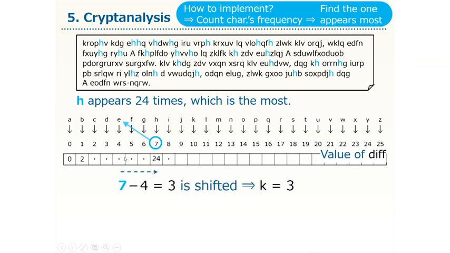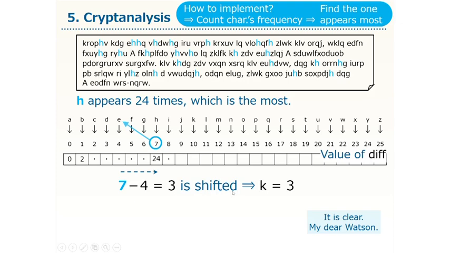This means the letter at the 4th index should have appeared most frequently, but H, 7th index, appeared most frequently in this ciphertext. That is, E at index 4 is shifted to 7. Then we can consider that the letters are shifted by 3. That is, K is 3.